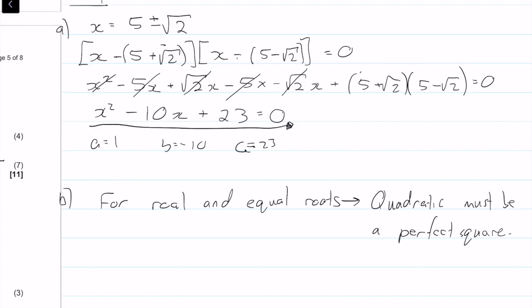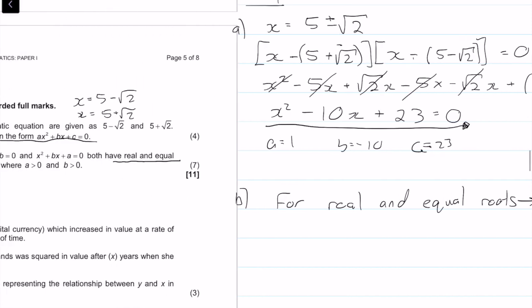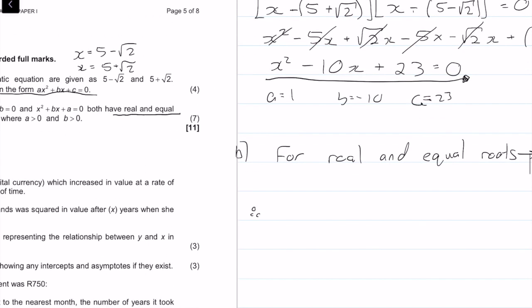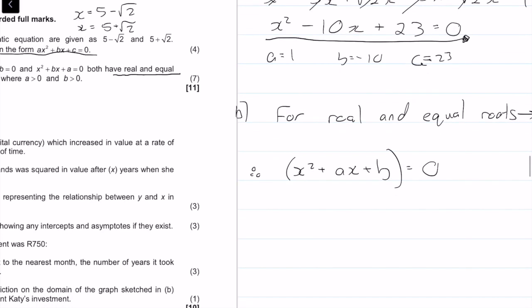That's quite important, because therefore, if we look at the first equation, we can say that x squared plus ax plus b is equal to 0. That's our first equation, and for it to be a perfect square, what we know is that x plus the square root of b must equal 0.